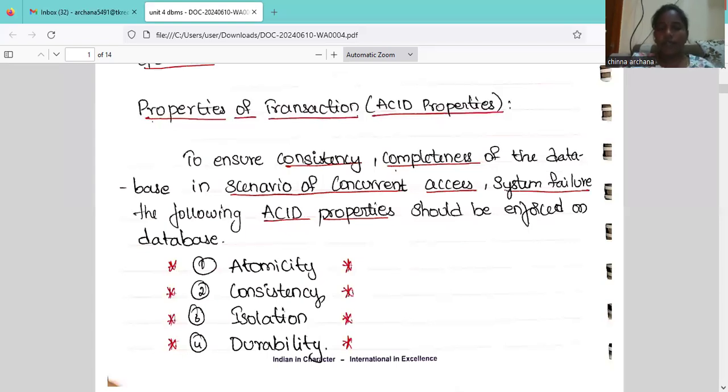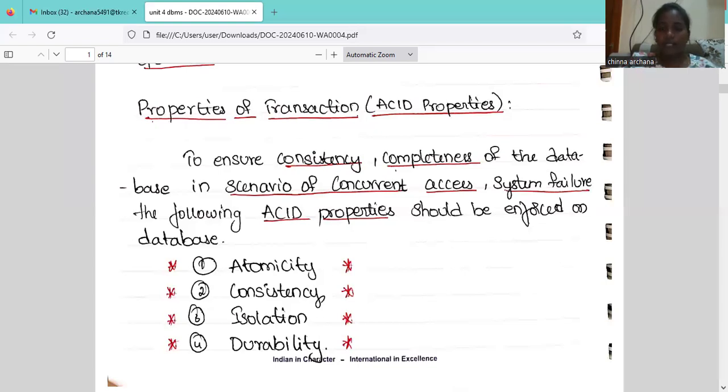Why must a transaction ensure these properties? To maintain consistency and completeness in the data in the database, every piece of data should be consistent and complete. To ensure these two features, every transaction has to follow these four ACID properties.